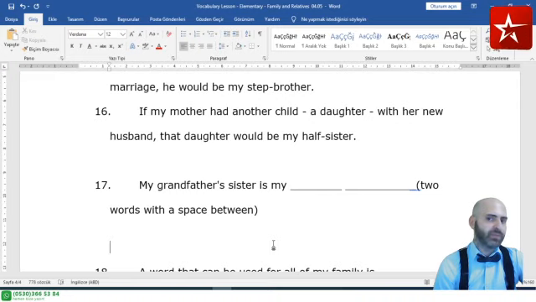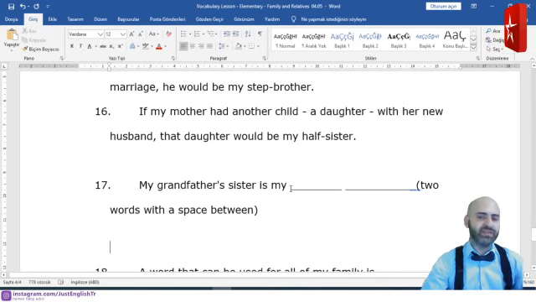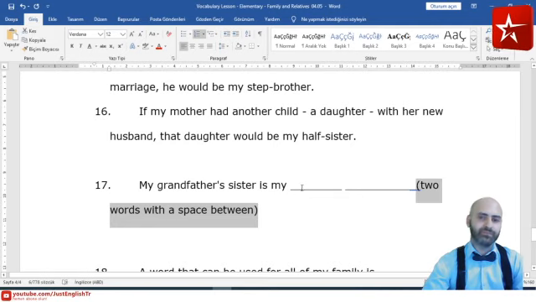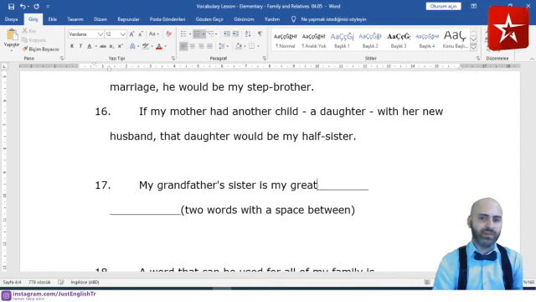We can say grand aunt, and we can say great aunt. But here it says two words, so best answer will be great aunt. Okay, two words, great aunt.